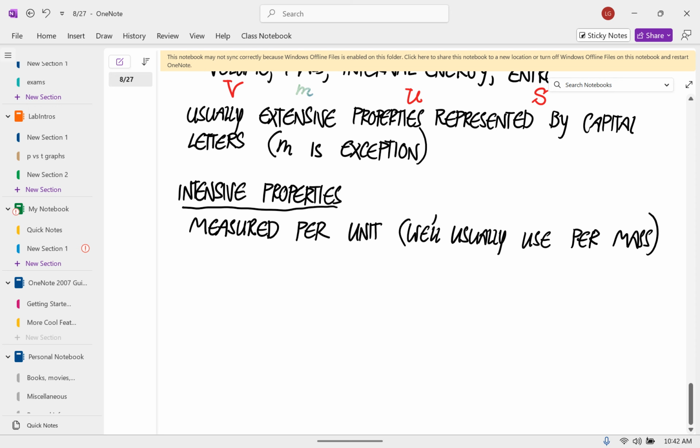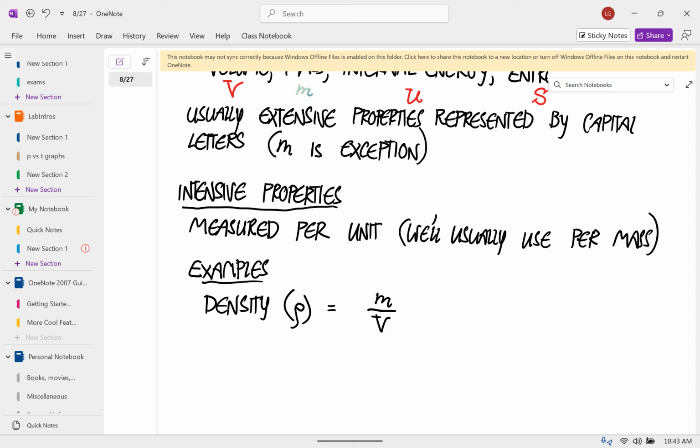Some examples of intensive properties are density. That's represented with the Greek letter rho, and that is an object's mass divided by its volume.